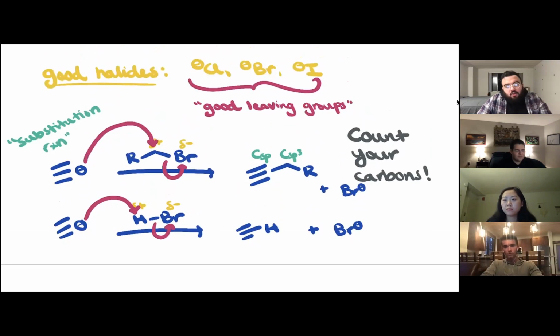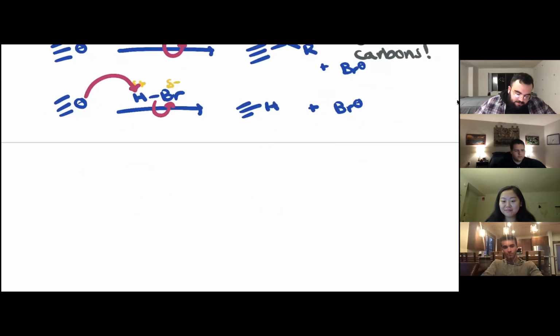You'll be learning a lot more of these substitution reactions immediately following this exam, where you're going to be learning about things like SN1 and SN2. Okay, it's really worth noting some of the things that might happen if you don't use a good alkyl halide, right? So let's say you use a secondary alkyl halide instead.